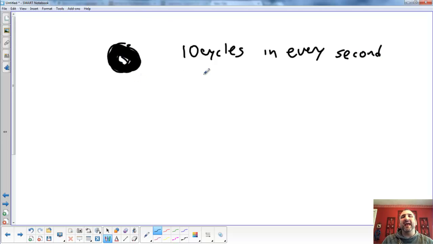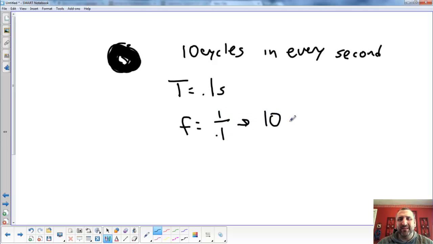I've gone around 10 times in that second. And it seems kind of foolish to say, well, my period was 10 times every second, which means each period took 0.1 seconds. It would be easier to say frequency is 1 over 0.1, which would actually equal 10 hertz.